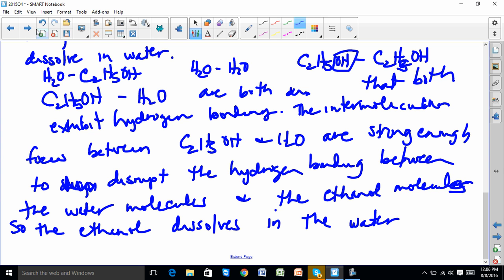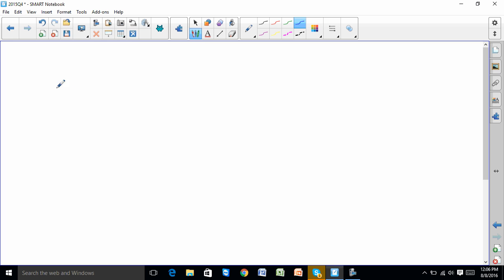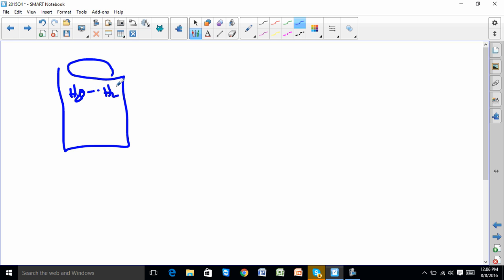So let me just add a little slide here and just show you what I'm talking about. So here's the deal. In the first case, you have this tub with water in it, with all these intermolecular forces between the water molecules that are incredibly strong. And then you introduce this stuff, which, if it would dissolve in the water, you would need to break this bond and get this intermolecular force to form.